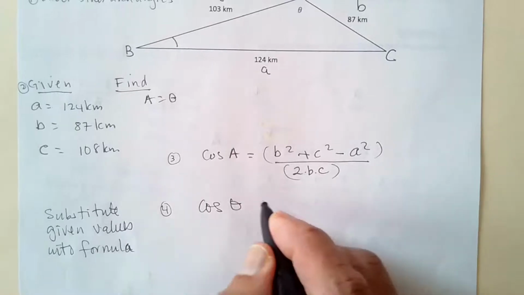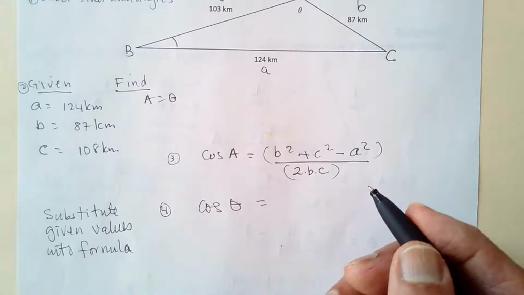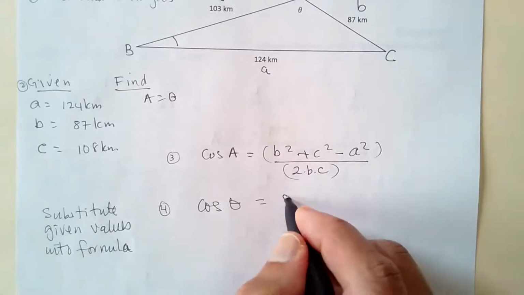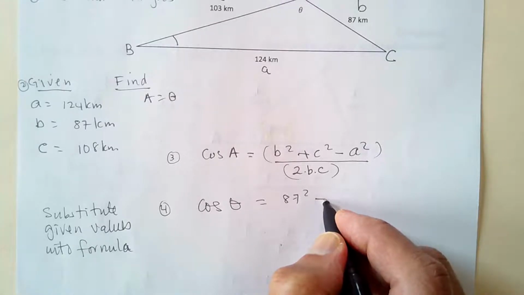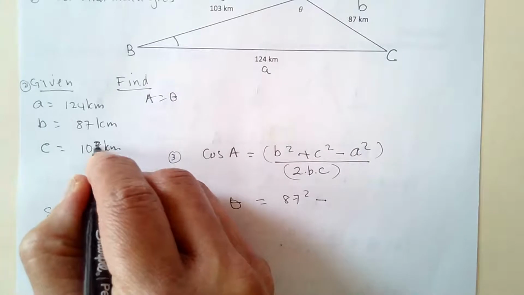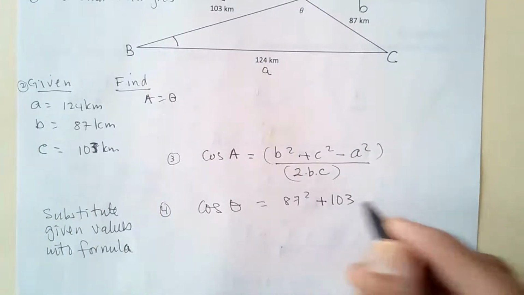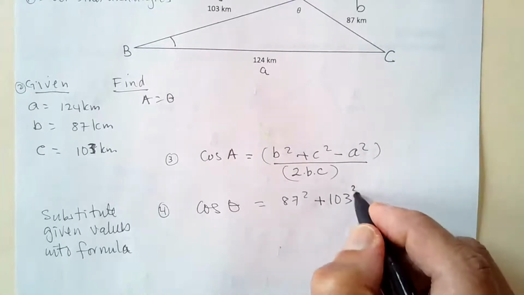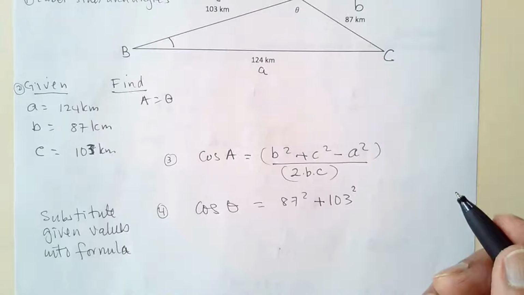Cos theta, we have B, which is 87 squared, plus C squared. Oh, it's 103, not 108. 103 squared, not 108.